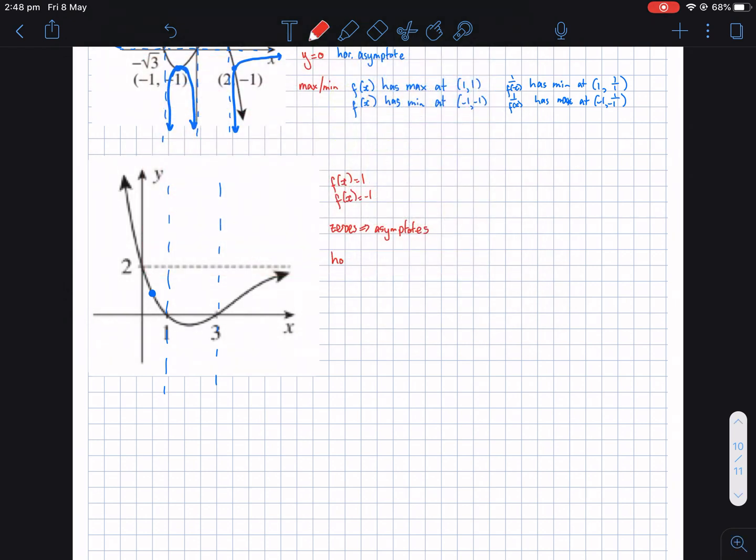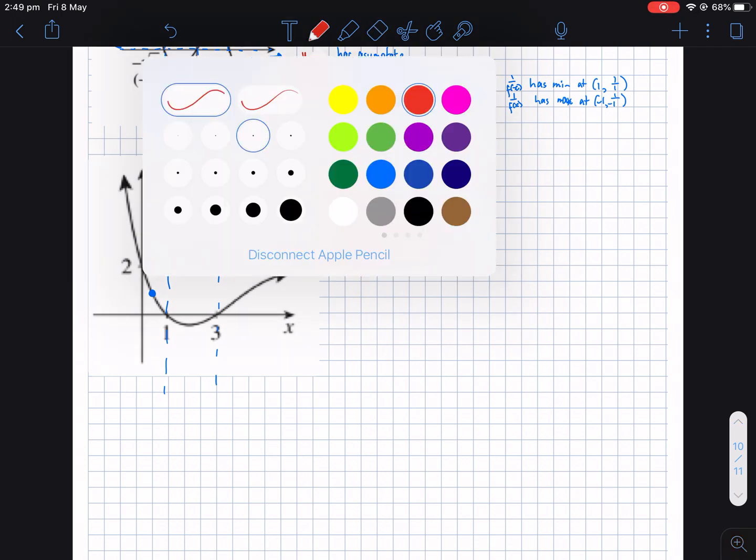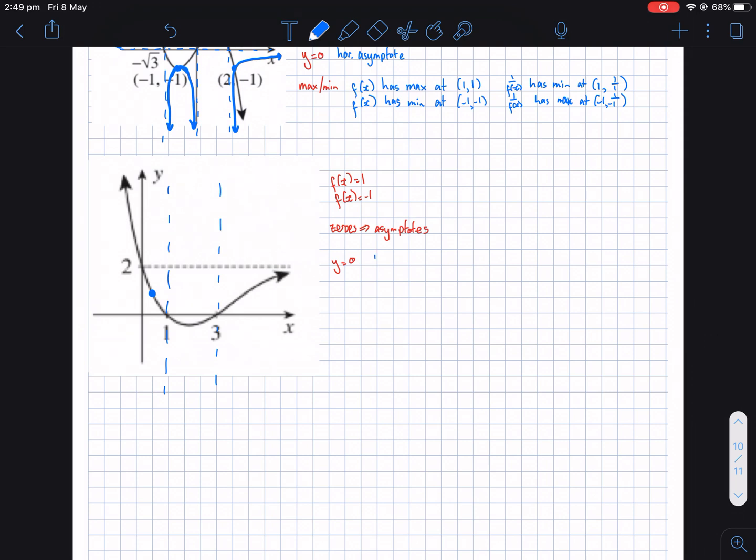Horizontal asymptote, so y equals 0. Like we haven't been told it's moving up or down. And let's look at the local maximums and minimums.